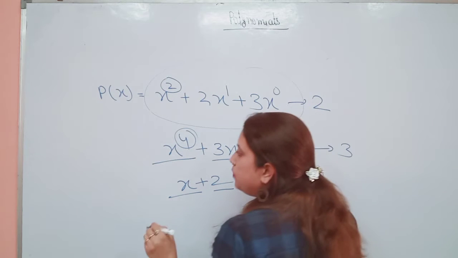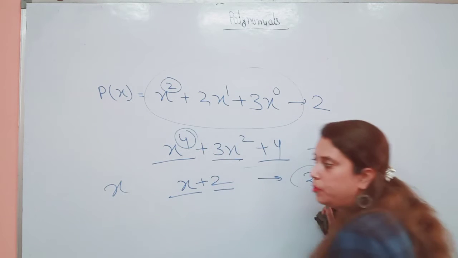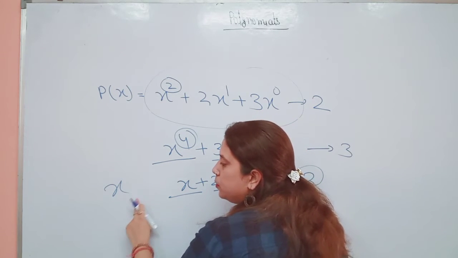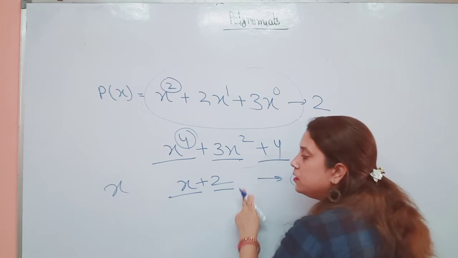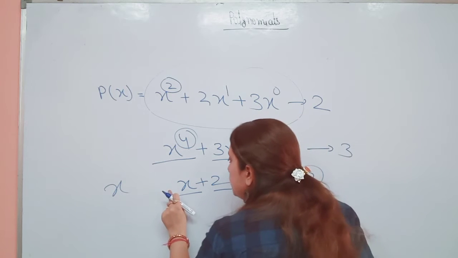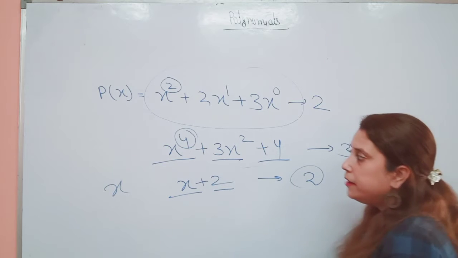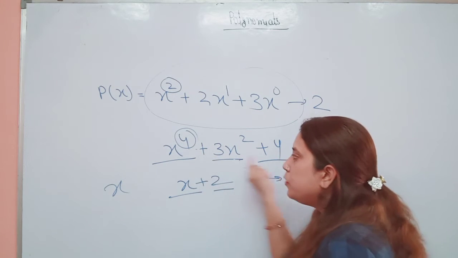And if we write only x, how many terms? 1. So in this polynomial there is 1 term, in this polynomial there are 2 terms, in this polynomial there are 3 terms, and the degree of the polynomial is 4.